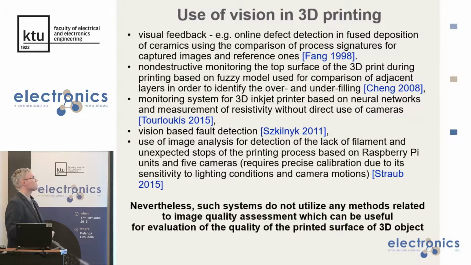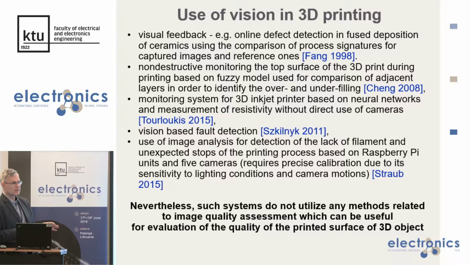Some researchers have used vision in 3D printing, but not for quality monitoring, for the monitoring of the process. Even if it was related somehow to quality monitoring, it was not purely visual.